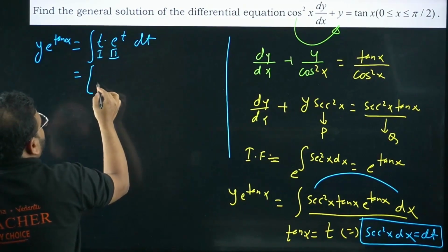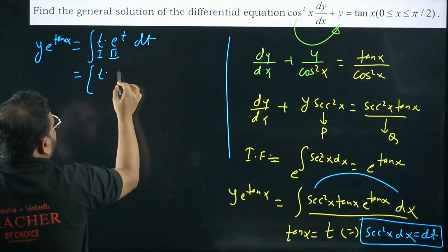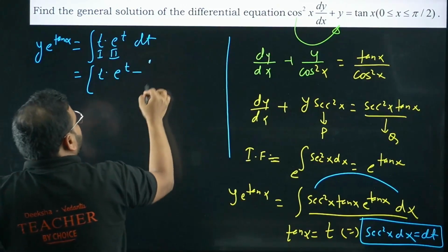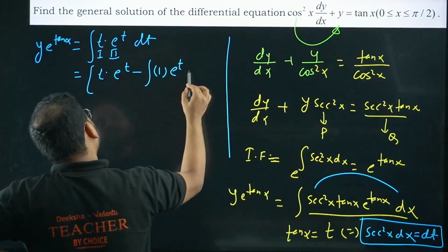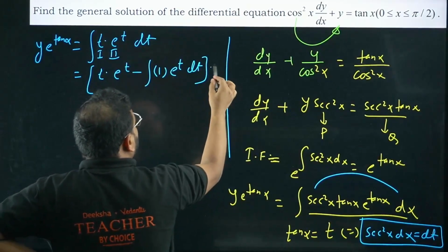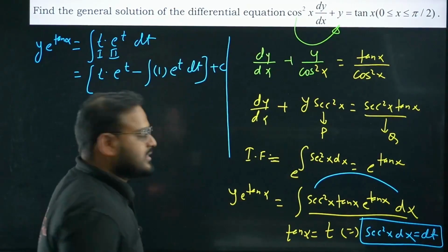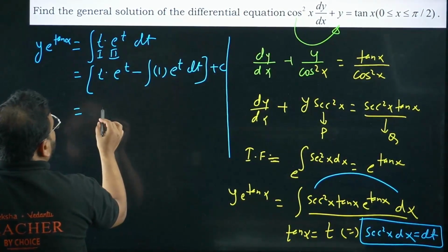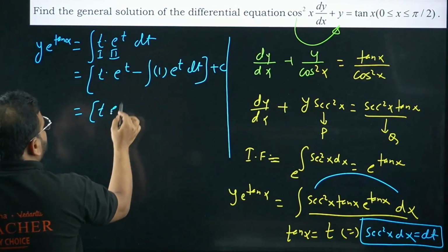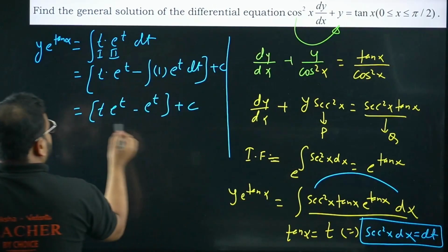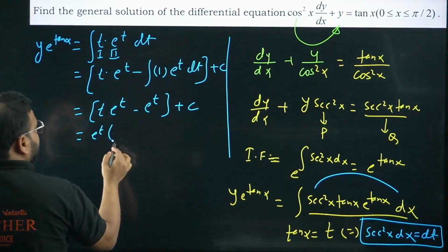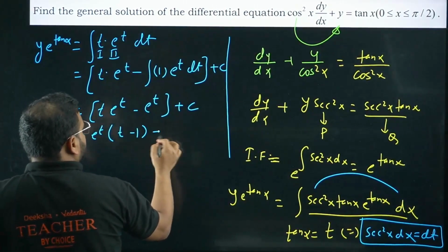It will become t kept as it is, integrate this one, it will become e power t, minus differentiate t, it will become 1, and integration of e power t will be e power t only. We have dt, of course will be having a constant plus c. What I get now is t e power t minus e power t again plus c. Take e power t common. I get here t minus 1 plus c.